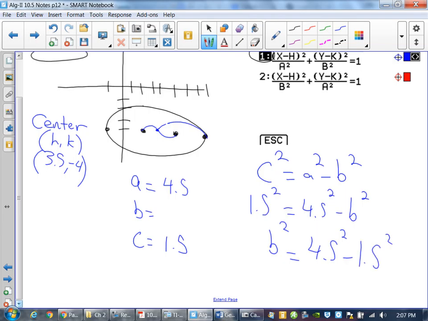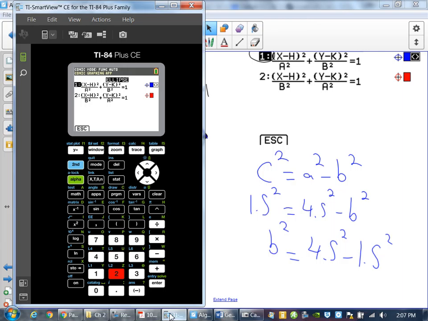Do I need to worry about what b is? Do I have to plot it? Do I have to graph it? Nope. I have my h and k, I already figured out what a was, now I just have to find b squared. It's just working backwards. So let's see here. 18.